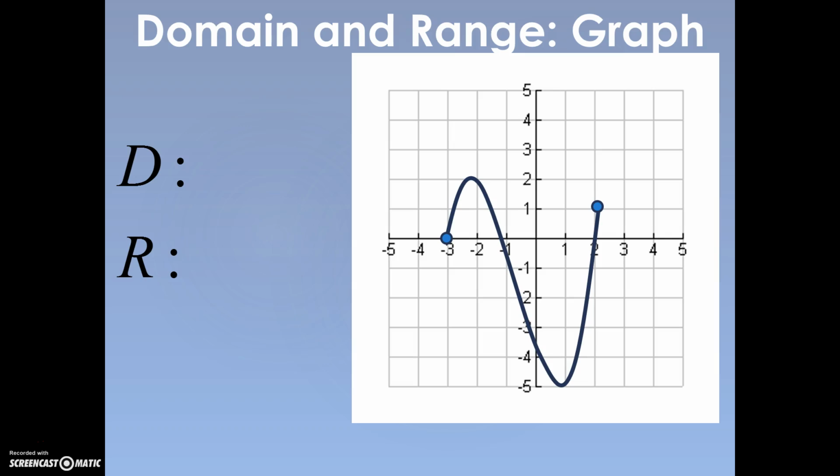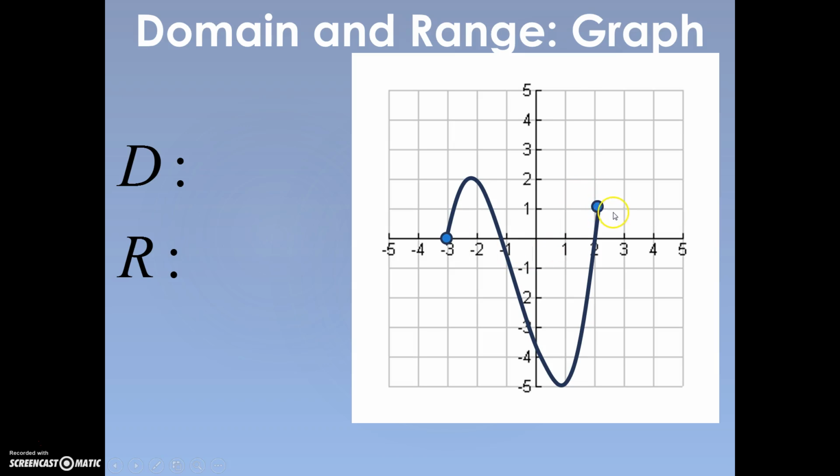So now domain. If we have a graph here, if we understand that domain is our x values, we basically want to look at the x value on the left and the right, as far left as we can go and as far right as we can go. So right here we see that we have a point that is a closed circle, and because it's a closed circle, that means that we're going to use a bracket.